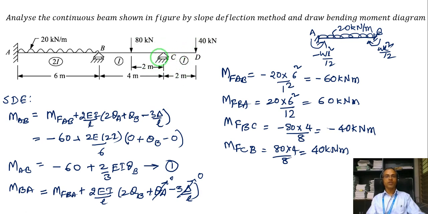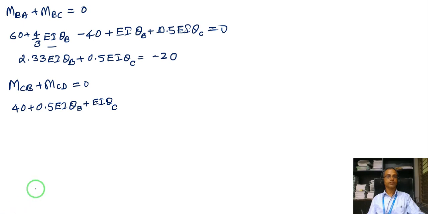So this beam will have a resisting anti-clockwise moment of minus 80. So MCD is minus 80, and minus 80 equals 0.